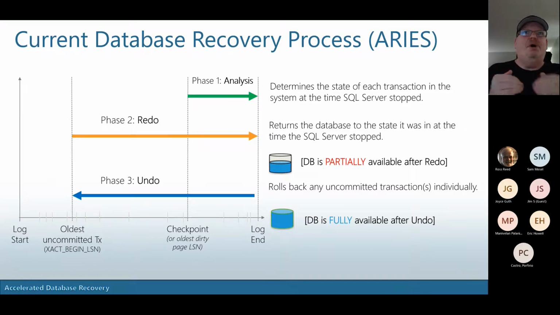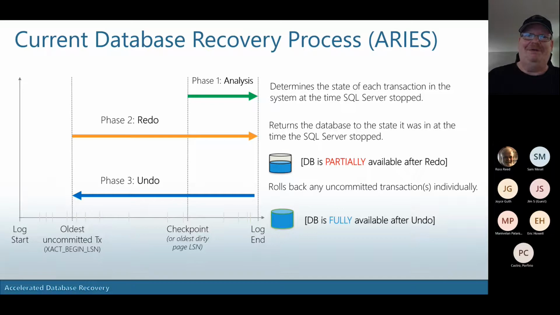It is a small pain point, but it's not that big of an issue. I'm just replaying transactions, or replaying my DML statements, insert, update, deletes, and create, alter, drops for DDL statements as well. Rolling those forward. Once I get to that point, then my database is partially available.